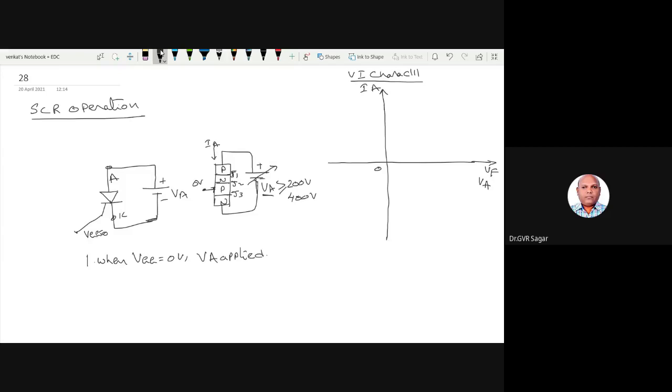There is no conduction, but there is some reverse current, because junction J2 is reverse biased. Some microamp current is flowing here, indicated by a small amount of current.